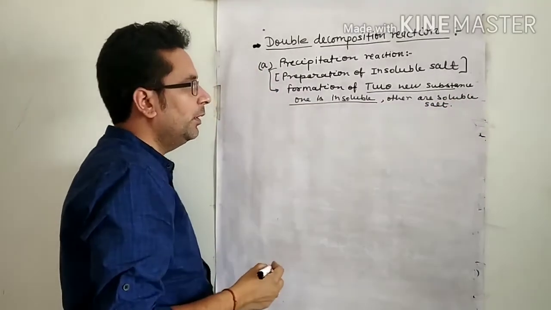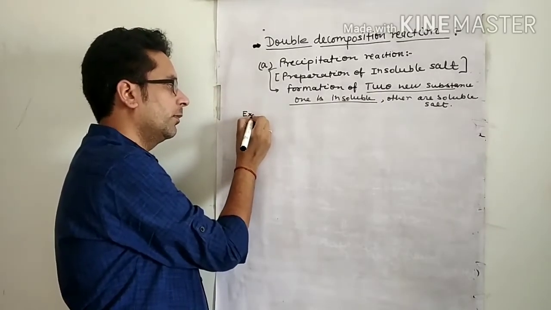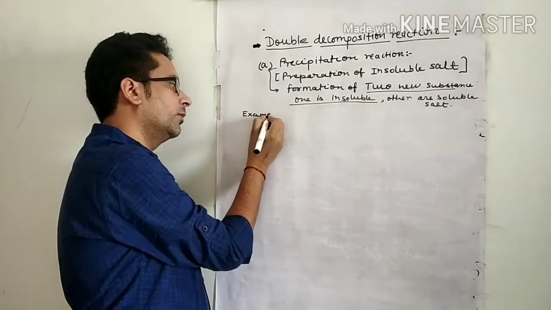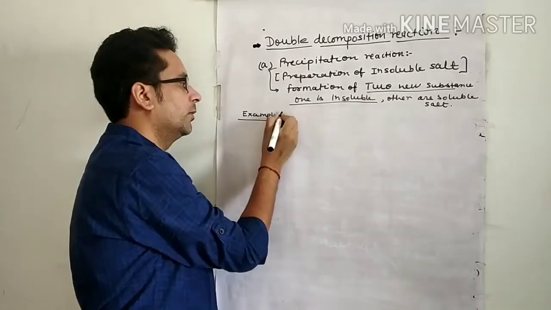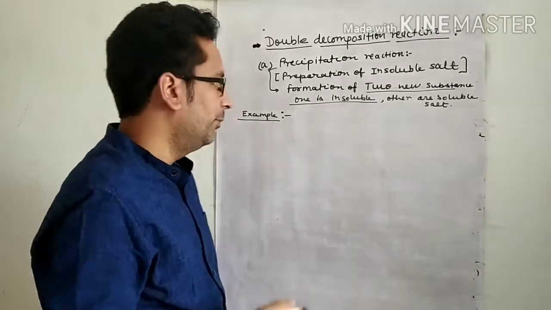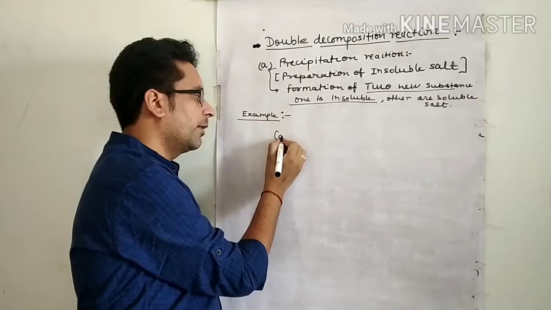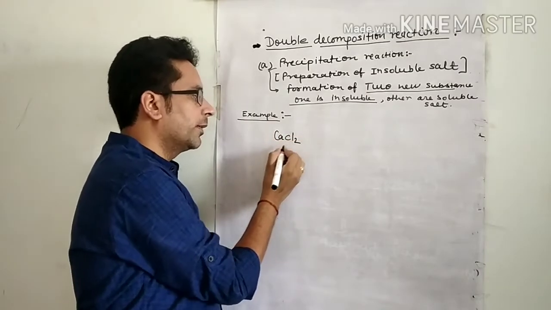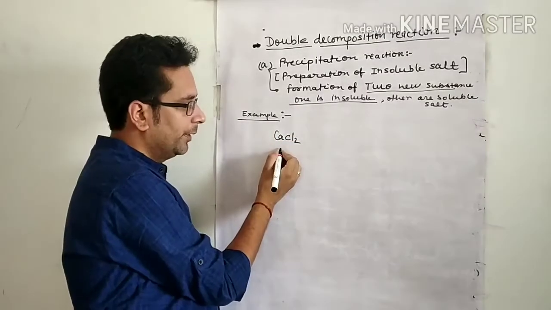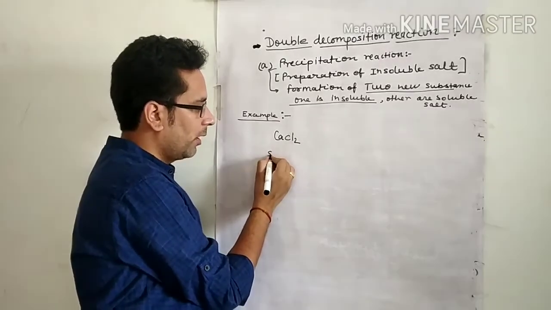Now look here, example. Calcium chloride is a soluble salt.